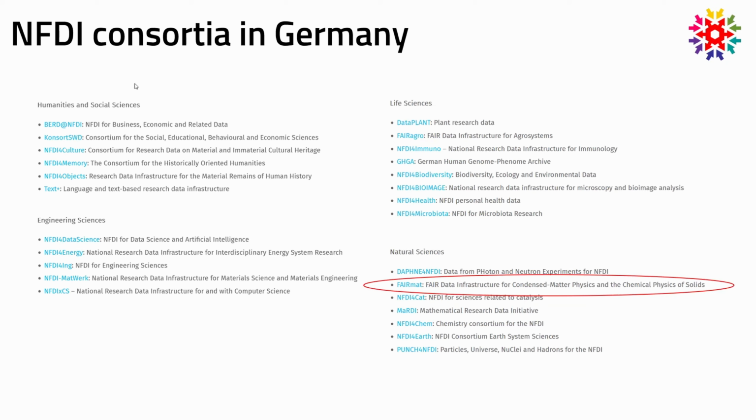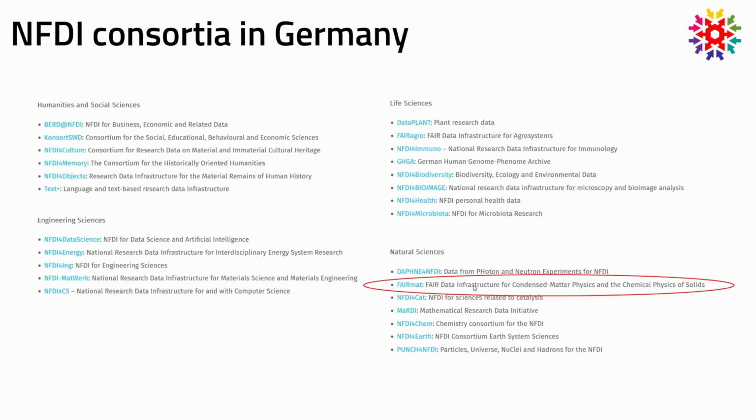This was a call for consortia a couple of years ago, where over all disciplines in science, like humanities, life sciences, engineering science, and natural science, consortia have been created that try to organize, bottom up from their fields, how to organize research data.